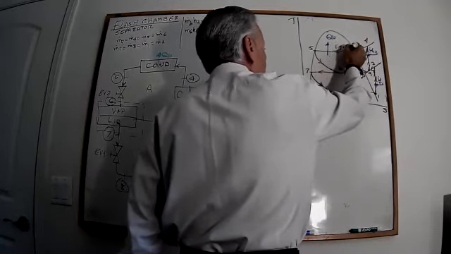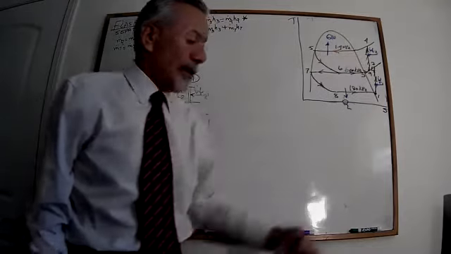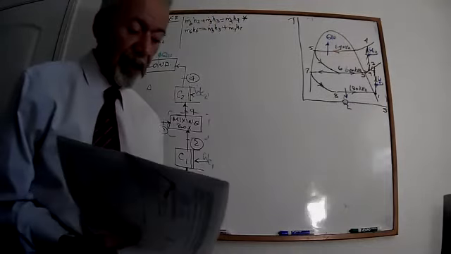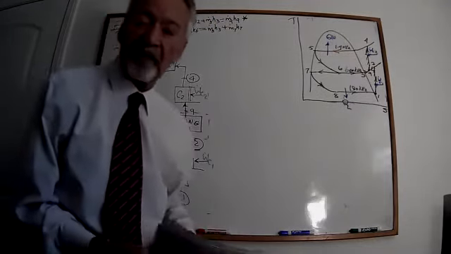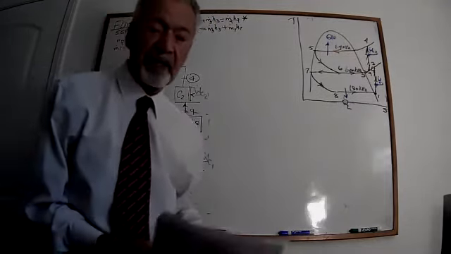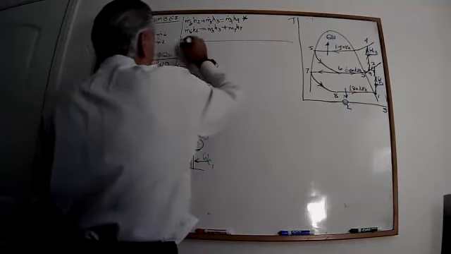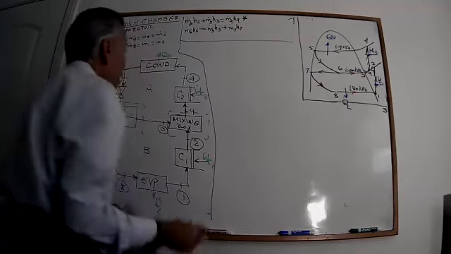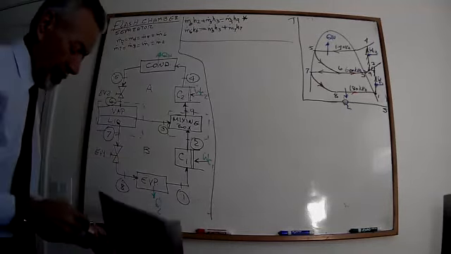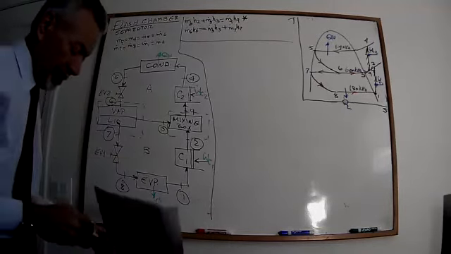As you notice, we increase this pressure and that pressure in order to make up for the losses, but you're going to see that we're still not going to get that much of a coefficient of performance. Now, to solve this problem, I'm going to do it very quickly. Let's do this, that's the important part.